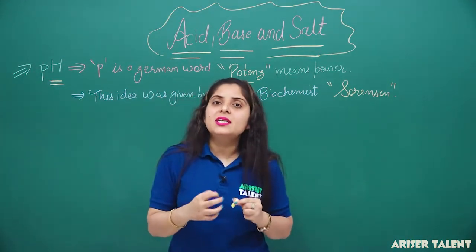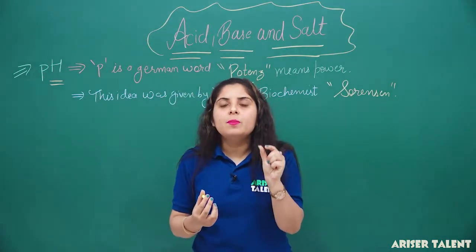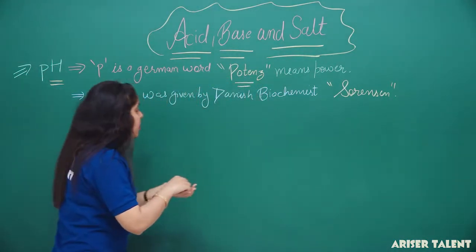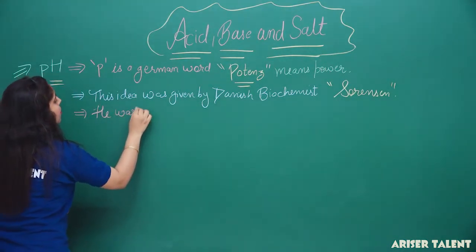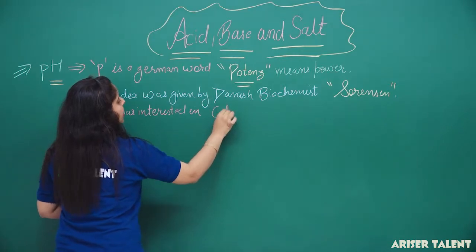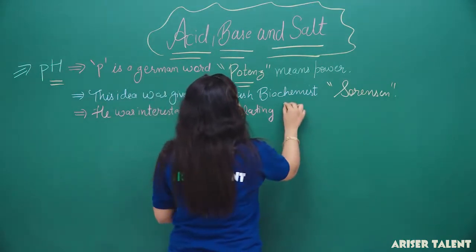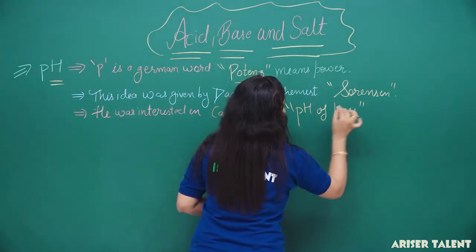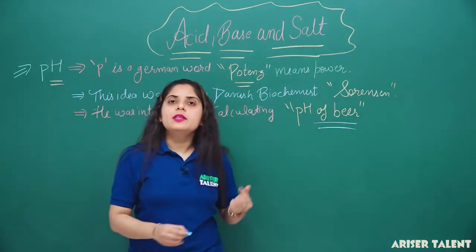He was keenly interested in calculating the pH of beer. After calculating the pH of beer, he came to many conclusions. So this was the main idea of the invention, that he wanted to calculate the pH of beer.